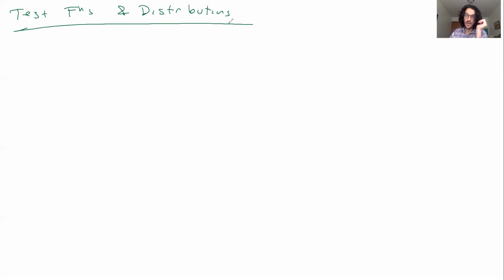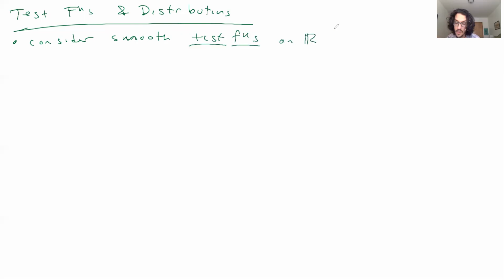We're also dealing with singular functions, right? Or we'll call them distributions, right? And so we want to introduce what are called test functions in order to better define how these generalized functions work, okay?